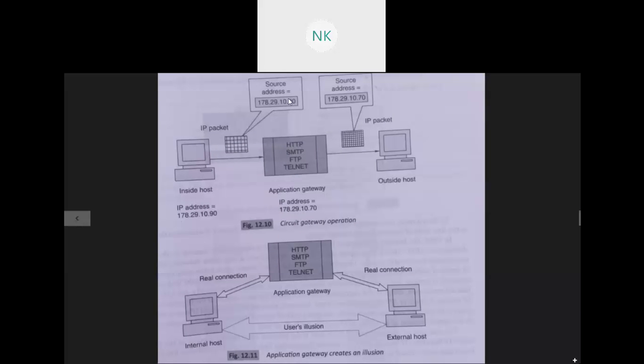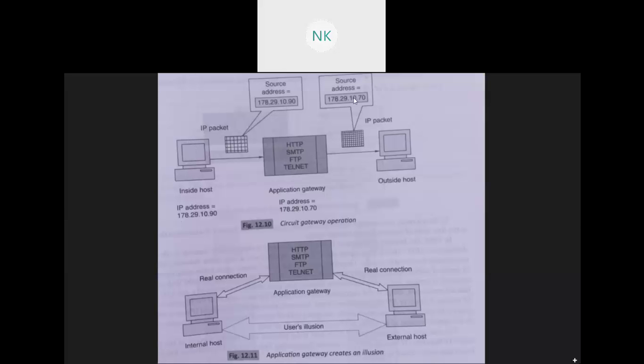See this circuit gateway. Suppose this is the IP address of the source, 178.29.10.90. This packet is coming from this source address.